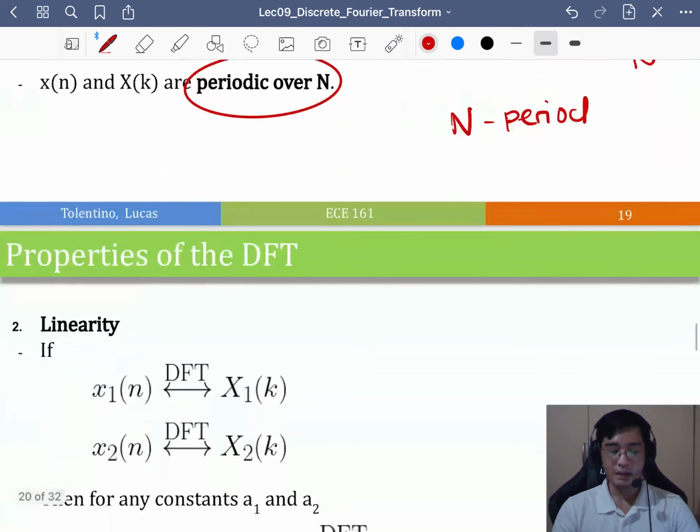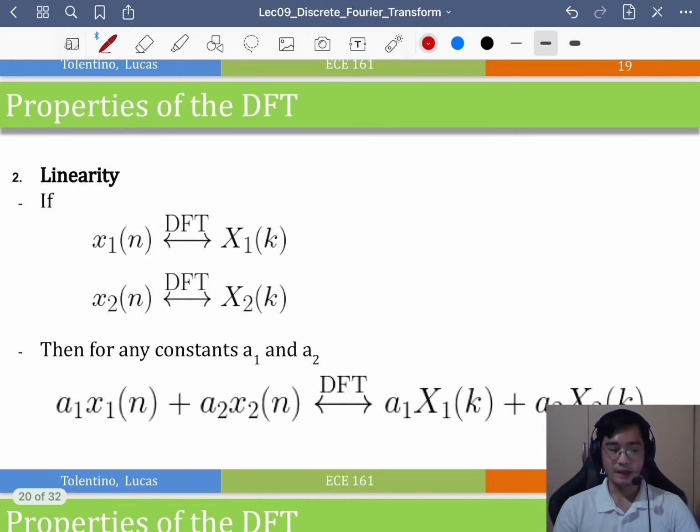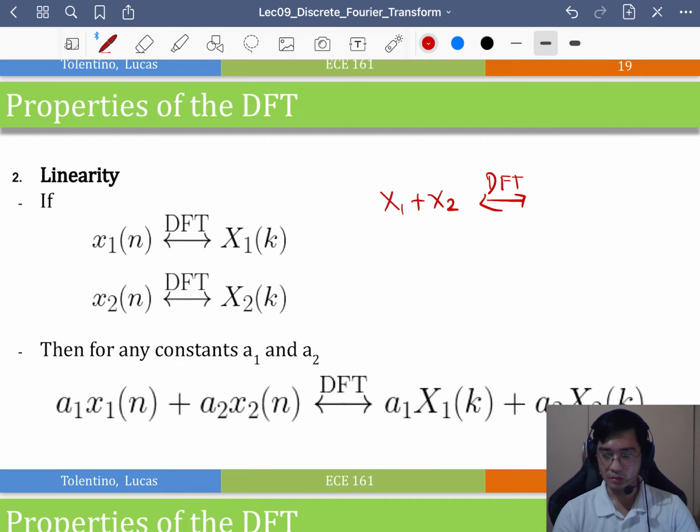Number 2 is linearity. This is fairly common and also applicable to the other transforms like the Fourier, the Laplace, the Z. So it still applies for the DFT. When x1 and x2 are time domain signals and we take their DFT, the DFT of the addition is equal to the addition of their individual DFTs.